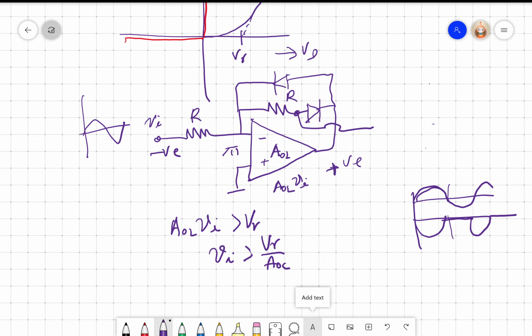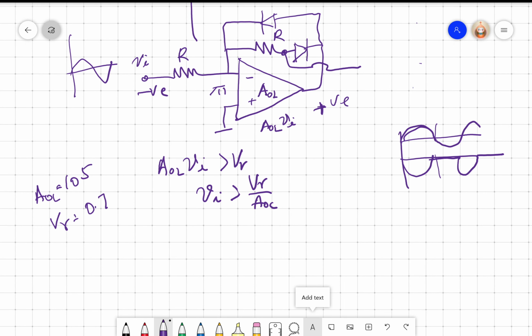So if AOL is, let's say, 10 power 5, and V gamma is for silicon, so I have 0.7 volts. So I am going to get 0.7 by 10 power 5 as my new cut-in voltage.